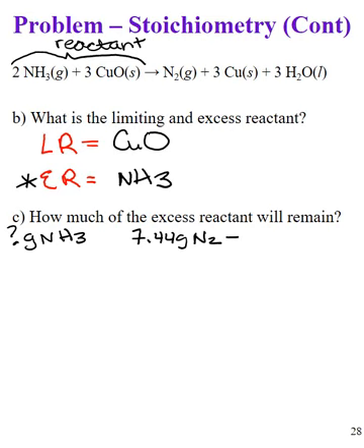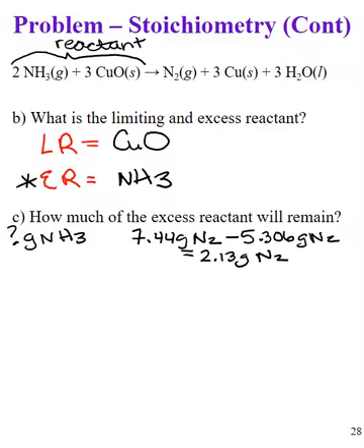But we could theoretically make only 5.306 grams of N2. So if we subtract that, that gives us a difference of 2.13 grams of N2.